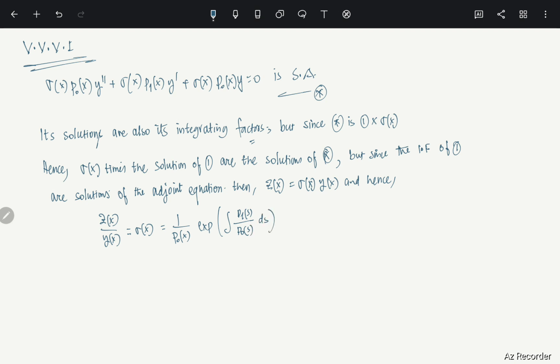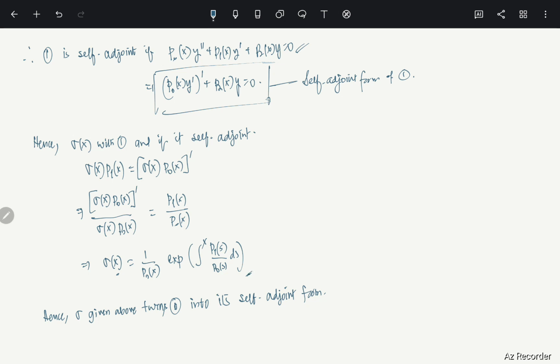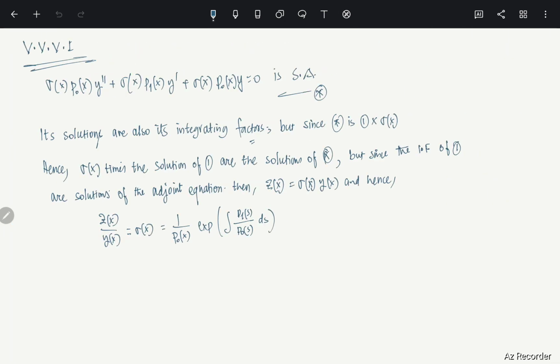Is this okay? Sigma x is given by this, right? So I'm just writing it this way. So essentially this is the expression which we need.